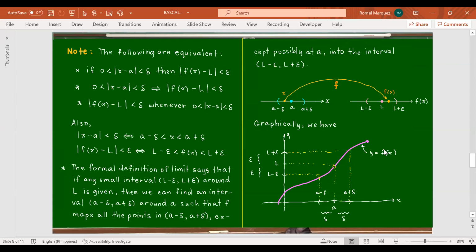I can always find a delta. So give me an L and I can give you a delta that will satisfy the requirement of the formal definition. Is that clear, guys? Yeah.